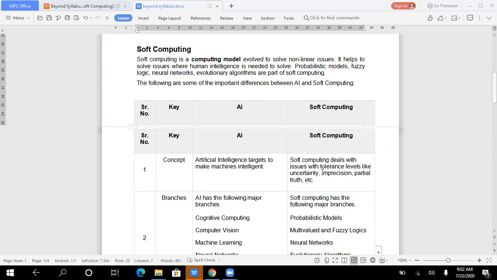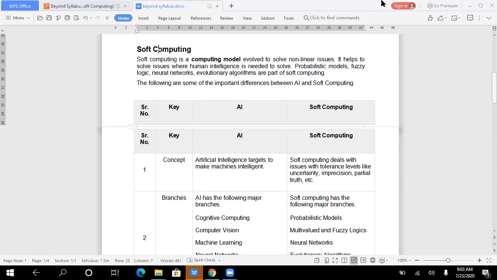For an example, when you give feedback, it is neither good nor bad. We are rating on a scale of 1 to 5. That particular degree of truth defines the partial truth, because we are not saying the feedback is good or bad, we are saying what the degree of truth is.